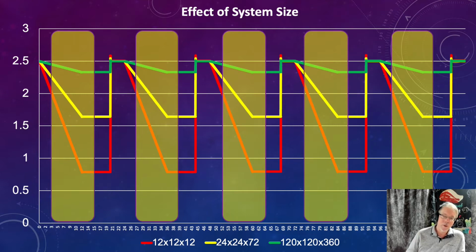So the red line is an aquarium that's one foot deep. The yellow line is an aquarium that's 2 feet deep, and the green line is an aquarium that's 5 feet deep. So it makes a big difference, right?